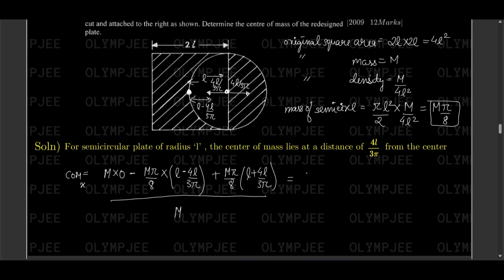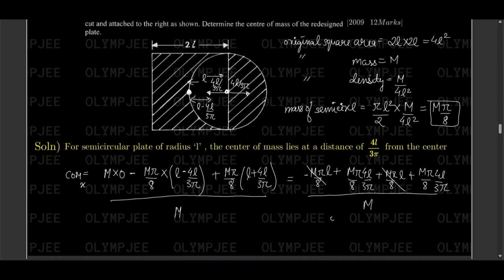So the final answer would be minus m pi by 8 L plus m pi by 8 4L by 3 pi plus m pi by 8 L plus m pi by 8 4L by 3 pi, divided by m. Since this is negative and this is positive with the same magnitude, this gets cancelled.